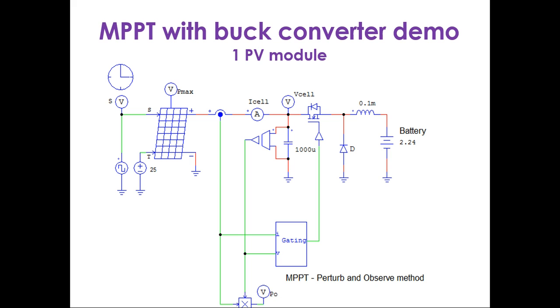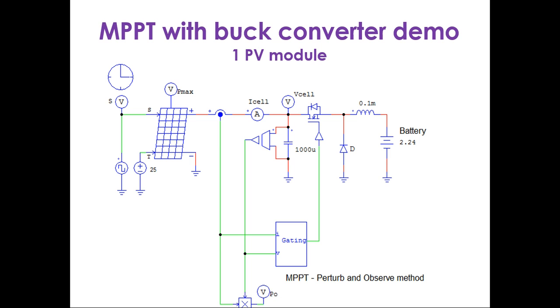Moreover, as we have a particular perturbation size, we reach the MPP point by adding or subtracting that particular step. We are going to introduce the perturbation constant C, or we can say perturbation size. That perturbation size is known as the perturbing variable.